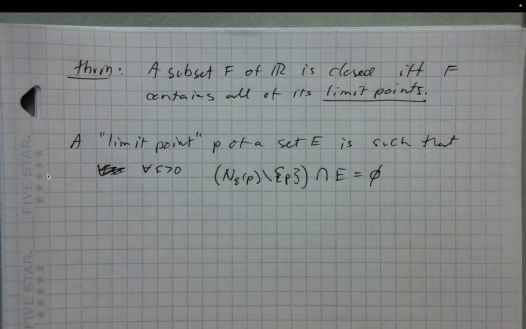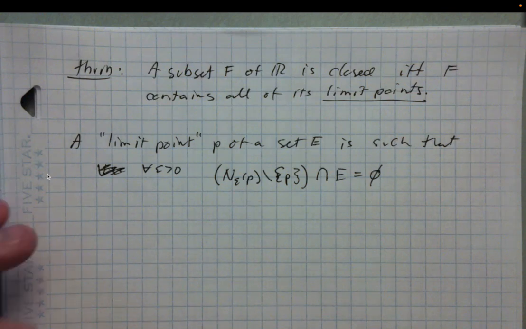So it's always possible to shrink your epsilon neighborhood down and still have an element of E inside that neighborhood. And that's a limit point. So what this is saying is that a subset F is closed if and only if it contains all of its limit points. And hopefully you can start to see how interior points and limit points and all of these concepts are connected and related. All right, let's go ahead and prove this one.